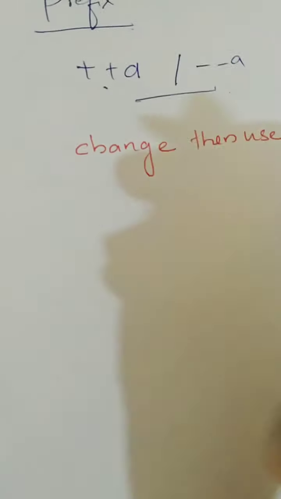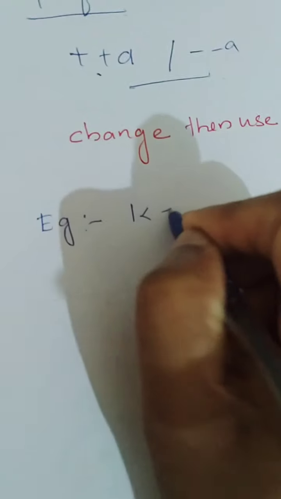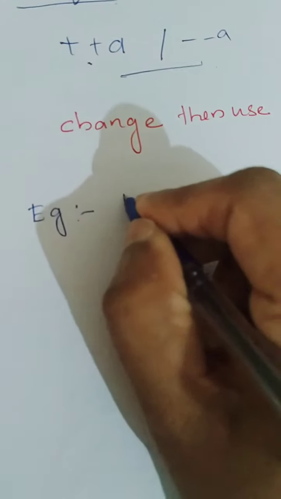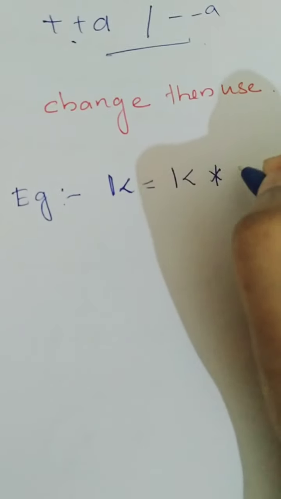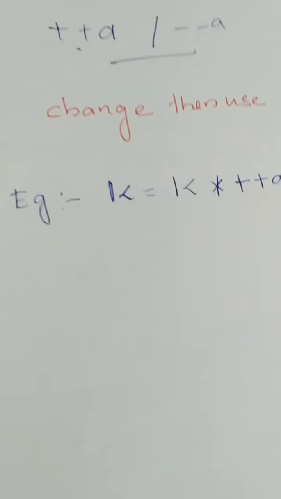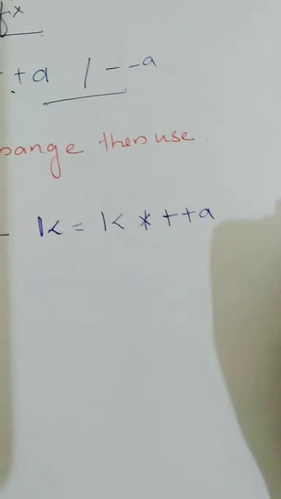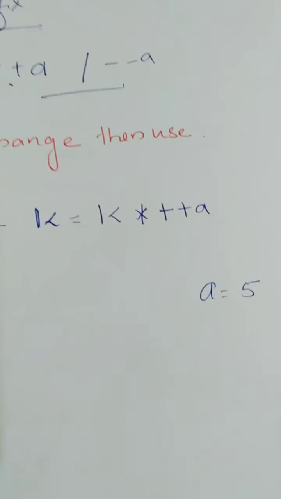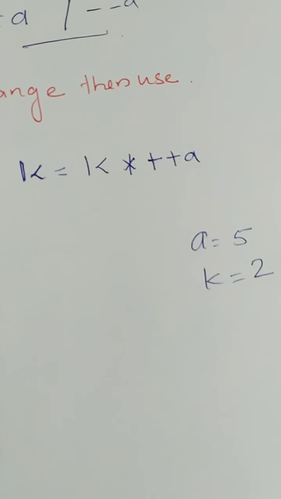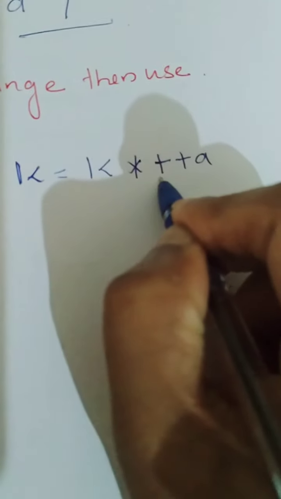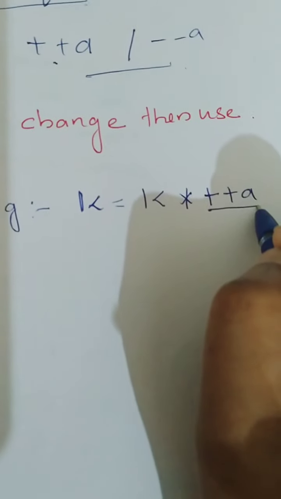I will show you the working. Suppose you have an example, k is equal to k into plus plus a. You have a's value equal to 5, k's value equal to 2. Here it will do this operation first. It will change the value and then use.